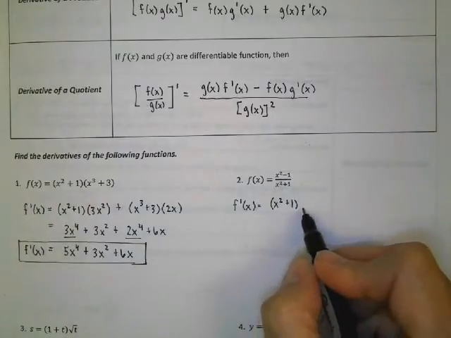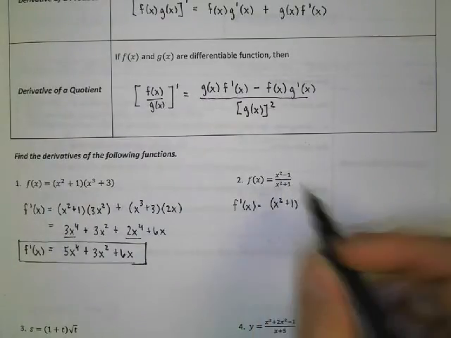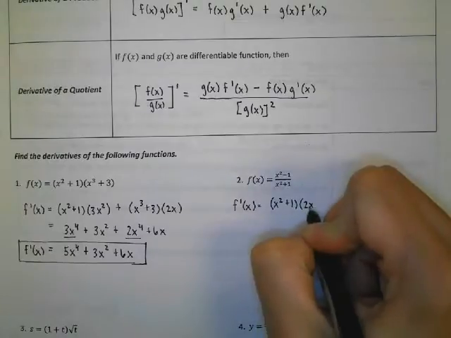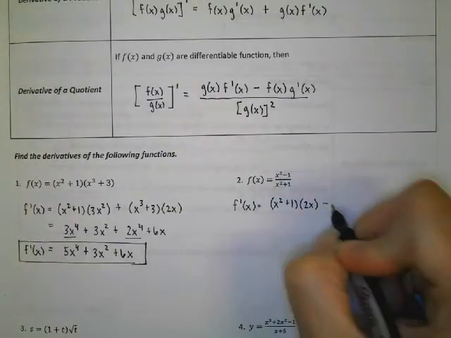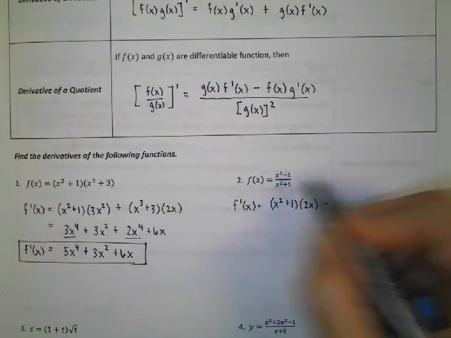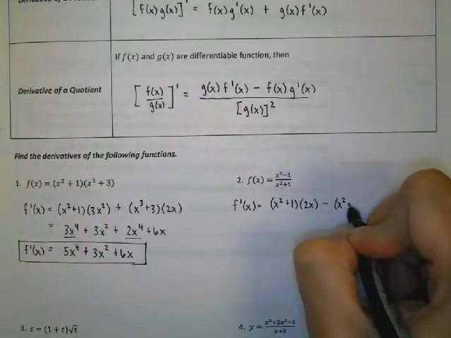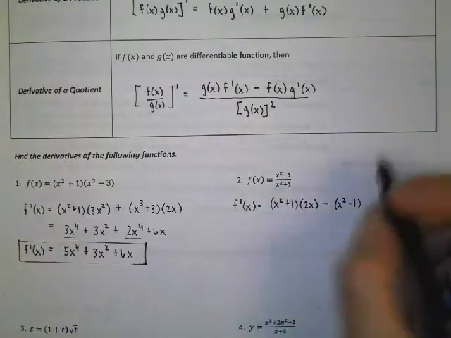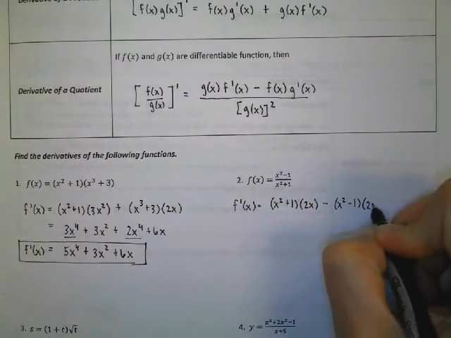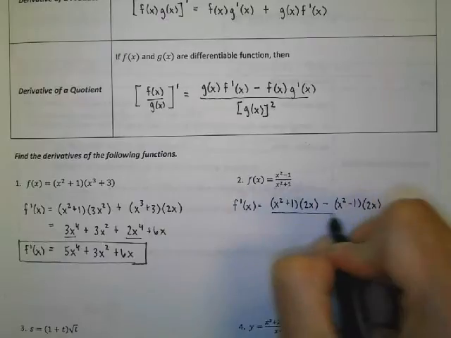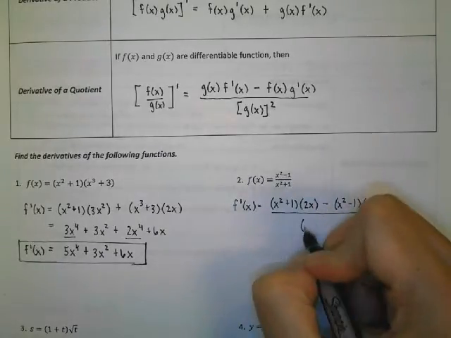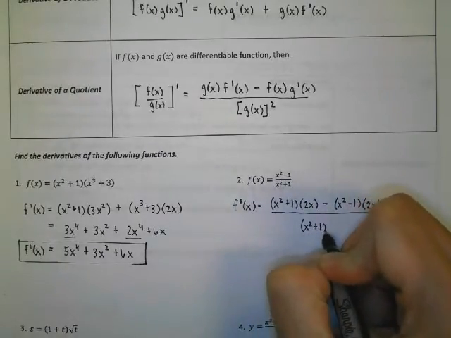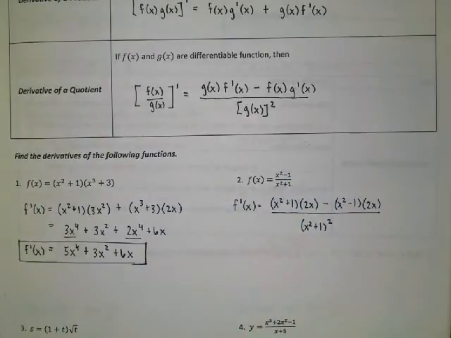We said low d high, which means the derivative of our numerator, which is 2x, minus high, which is x squared minus 1, d low, which is the derivative of our denominator, all over low squared, so x squared plus 1 quantity squared.